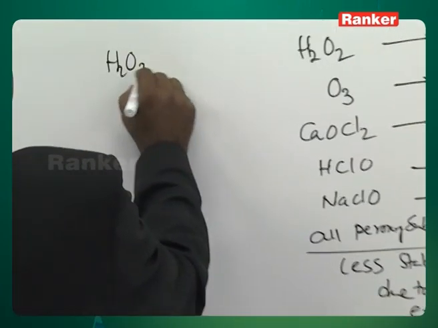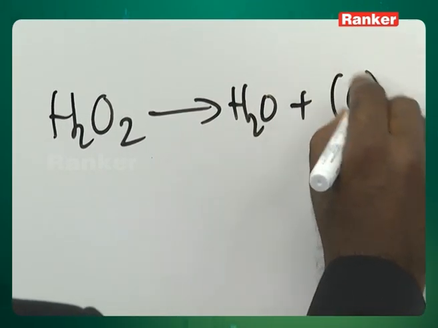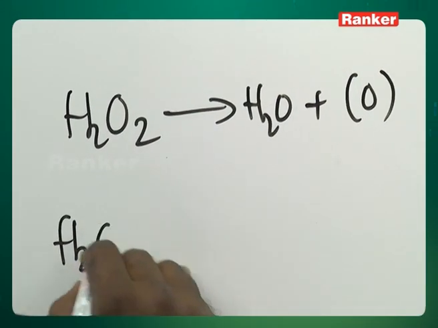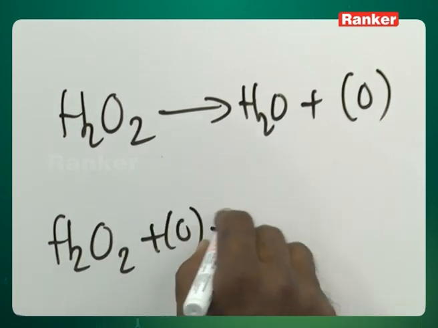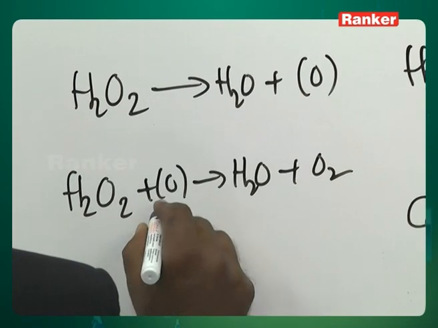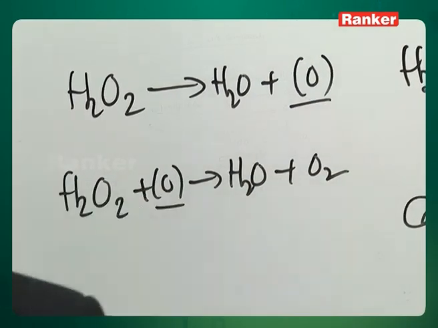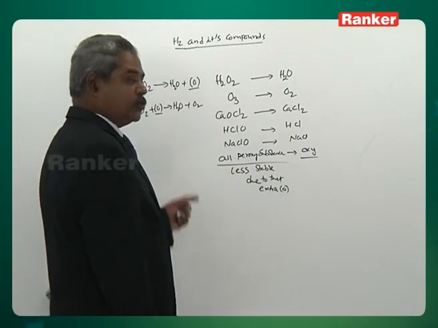H2O2 can give H2O plus O. If you give an oxygen atom, it will take it once again to become H2O and O2. So H2O2 is an oxidizing agent and a reducing agent, gives oxygen, takes oxygen.